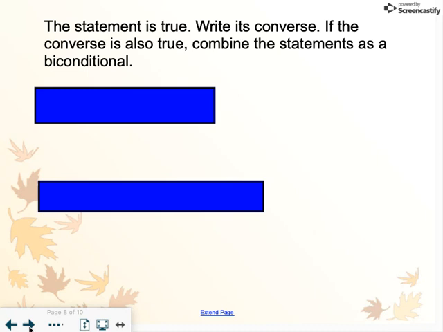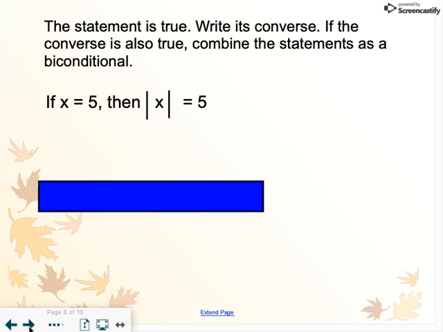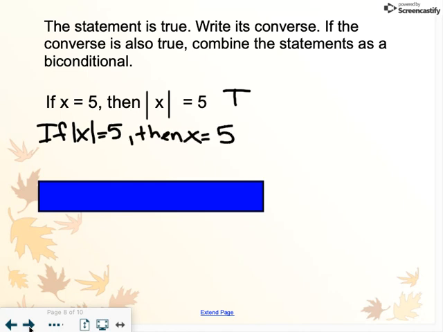So the statement is true, and its converse. If the converse is also true, combine the statements. So we look here. If x is equal to 5, then absolute value of x is equal to 5. So now let's write the converse. First we check that statement is true. Now we go, if absolute value of x is equal to 5, then x must equal 5.